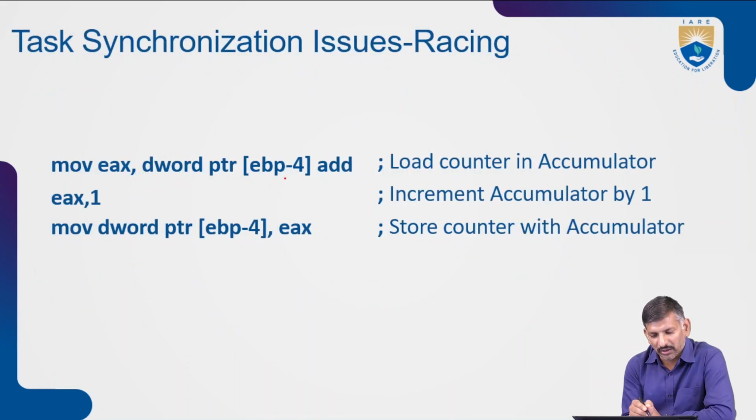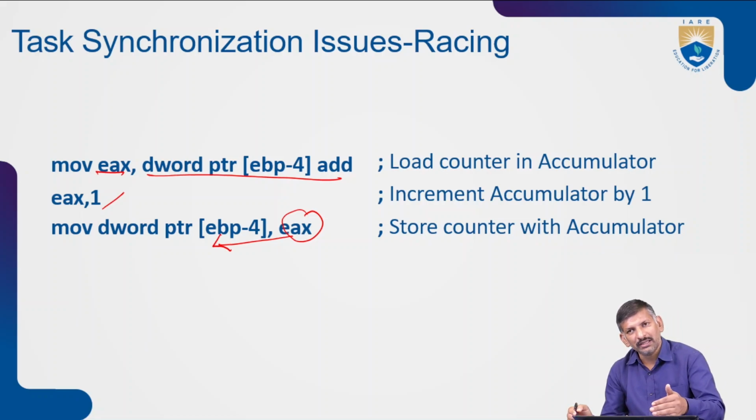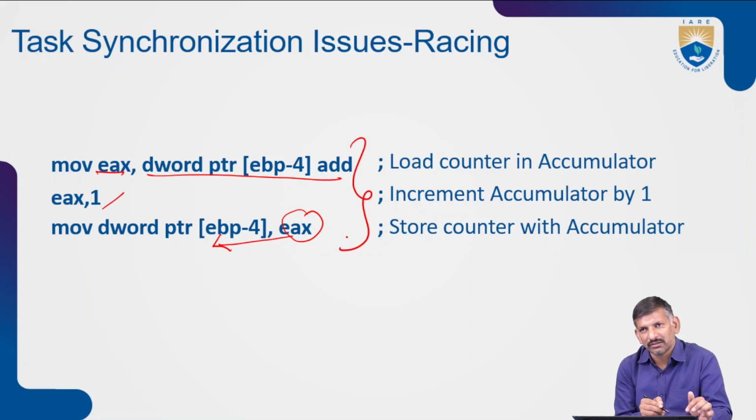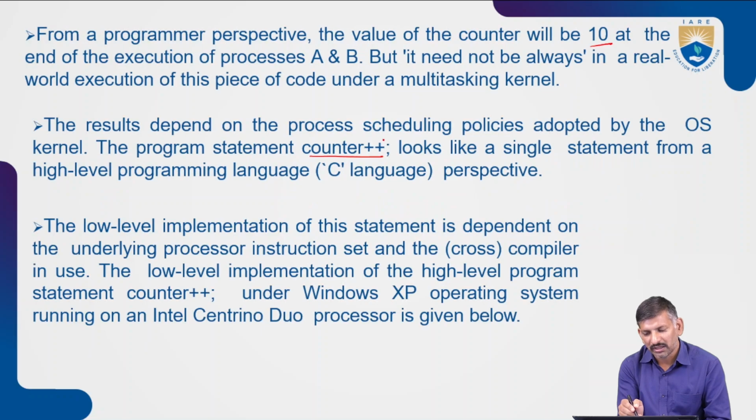First, we load some memory location's content into the accumulator, then increment the accumulator by 1, then the incremented value is loaded back into the memory location. Internally, the increment operator does these three operations at the assembly language level, while counter++ is the high-level C language statement.